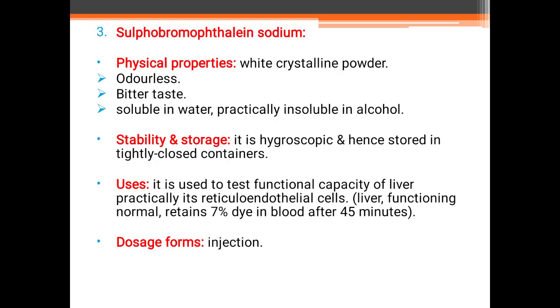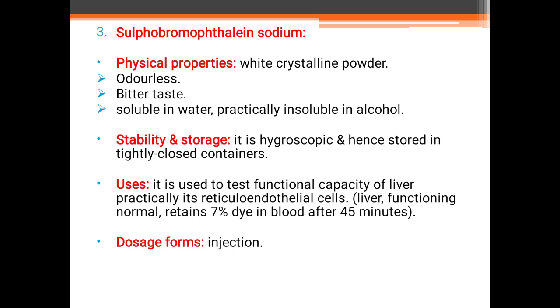Next drug is sulfobromophthalein sodium. Physical properties are white crystalline powder, odorless, bitter taste, soluble in water, practically insoluble in alcohol. Stability and storage: it is hygroscopic and hence stored in a tightly closed container. Uses are: it is used to test the functional capacity of the liver.